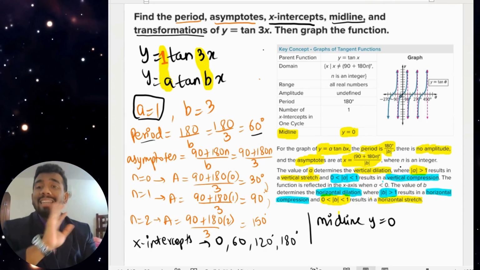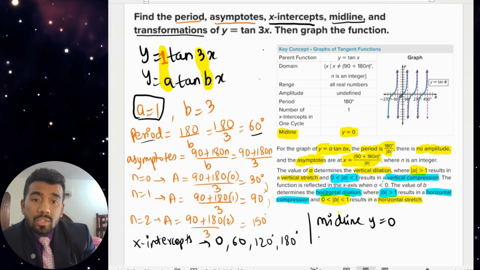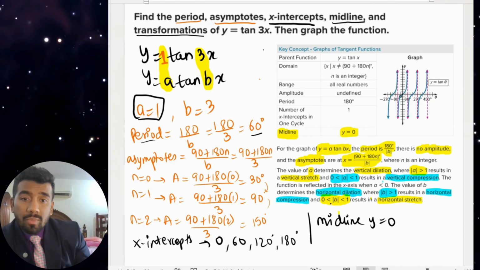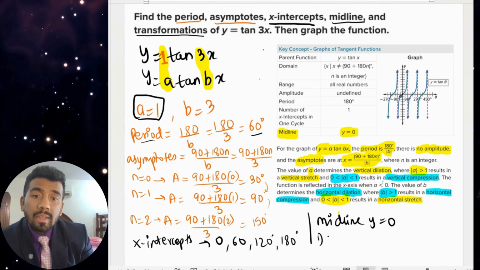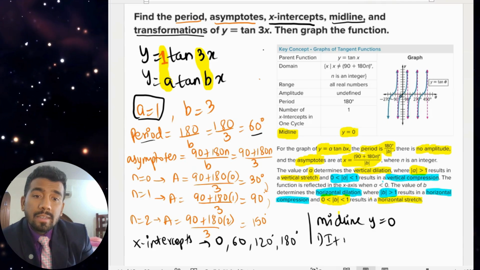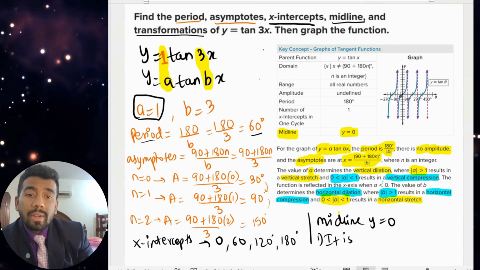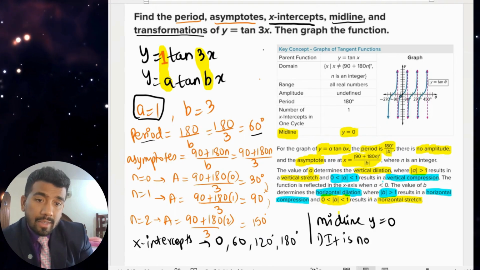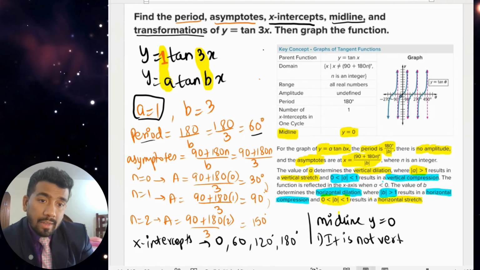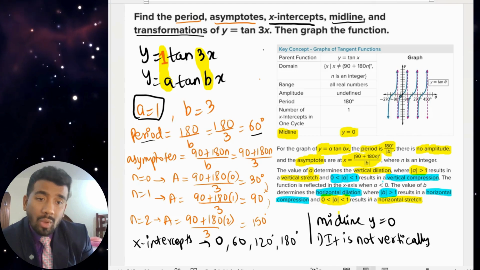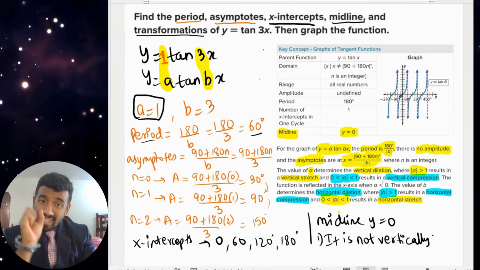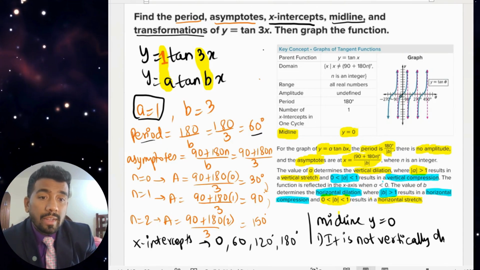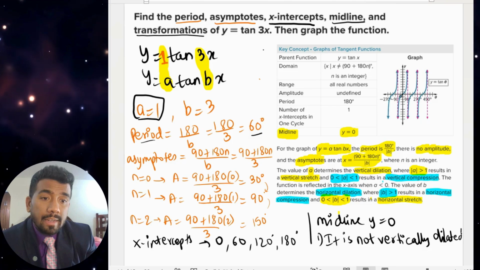So it's not dilated. So for transformation, you can say it is not vertically dilated, because a is 1, so it's neither stretched nor compressed.